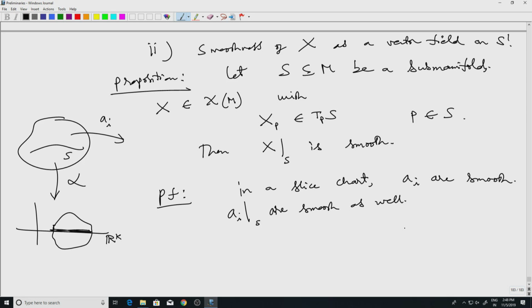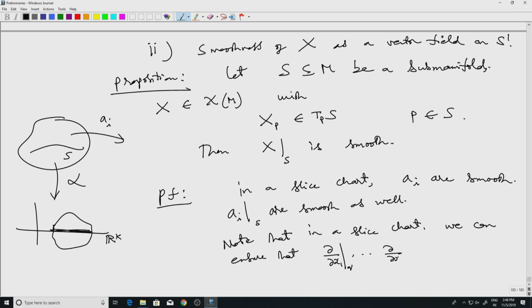Note that in a slice chart we can ensure that ∂/∂x1 at q, etc., up to ∂/∂xk at q, are tangent to, belong to the tangent space to the submanifold.